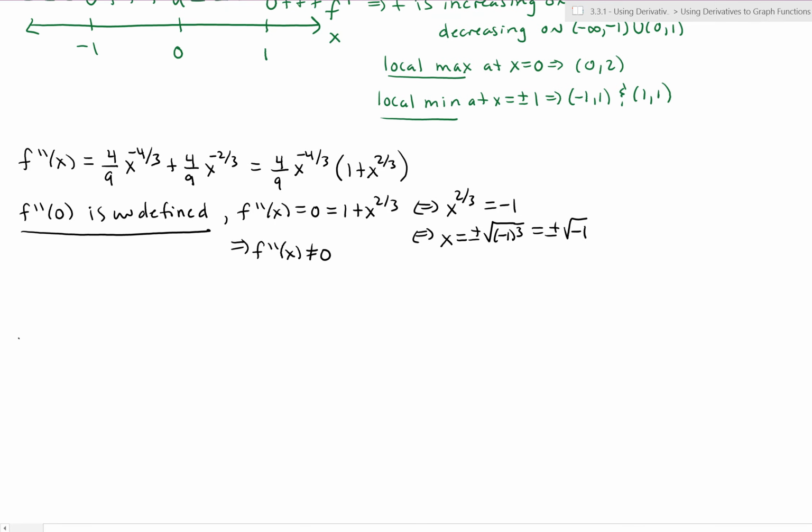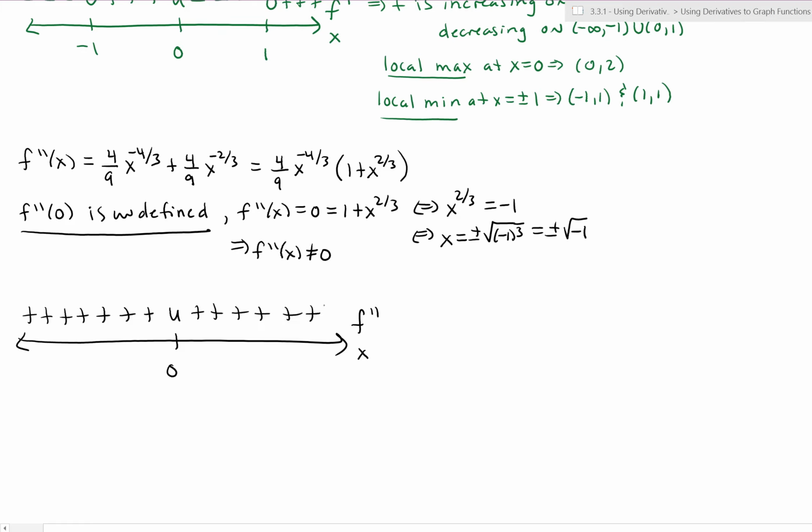Okay, so to do that, I'll again do sign analysis, but this time on f double prime. So at 0, we know our second derivative is undefined. If I pick a gigantically negative number and plug it into this second derivative, we will find that we have a negative times negative, which is a positive here. Positive times positive, which is positive. And in fact, if I plug in a gigantically large positive number, same thing. We get a positive.